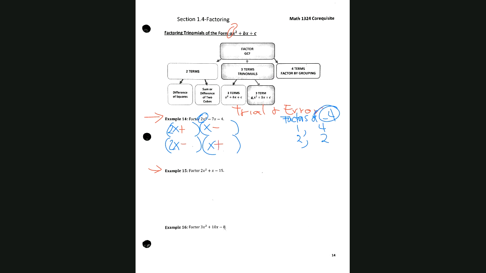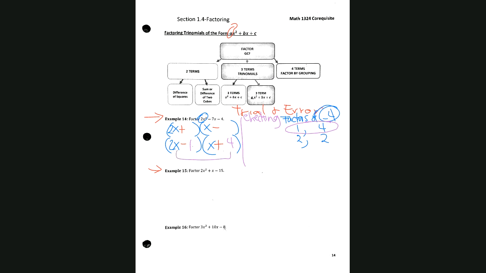So now I'm just going to take a chance and pick a combination of 1 and 4. So I'm going to start with, I don't want to cheat because it's actually the first one, but I want to show you what will happen if it's not correct. So if I put my 1 here and my 4 here, and then we do that checking process, we will have 2x multiplied by 4.